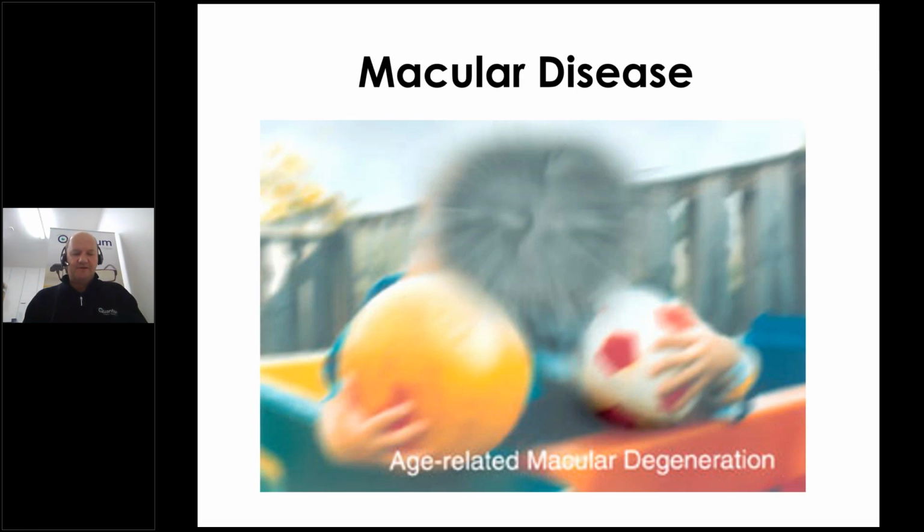So macular disease is the leading cause of vision loss in Australia. It's estimated up to 800,000 people have macular disease, and of these 800,000 people, 120,000 people have severe vision loss. So macular disease is definitely by far the largest cause of vision loss.